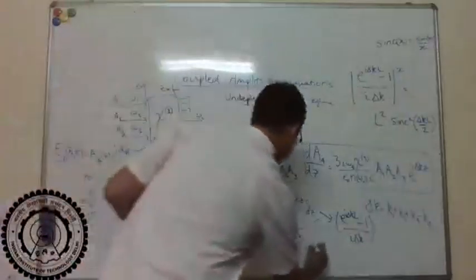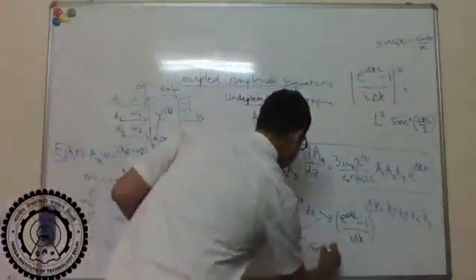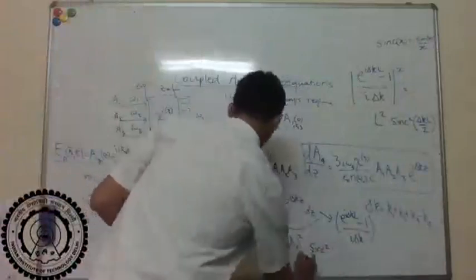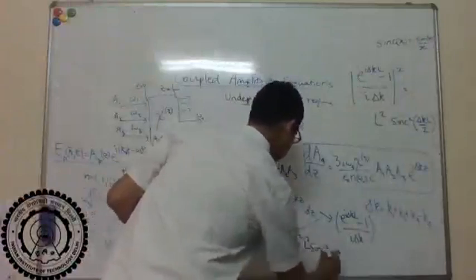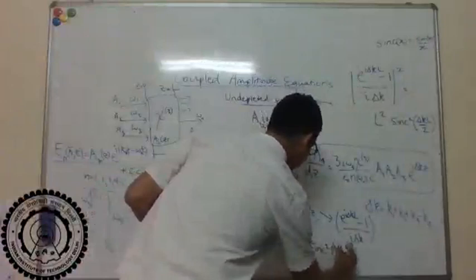So here I get sinc squared. So I get L squared and sinc squared of delta k L by 2.